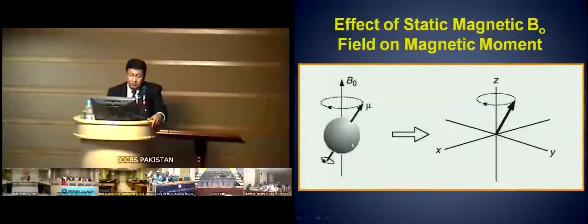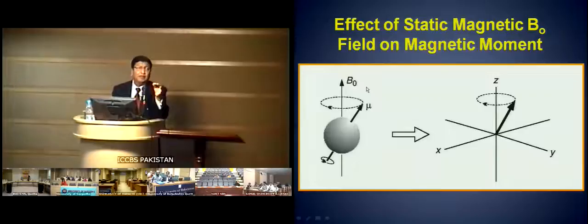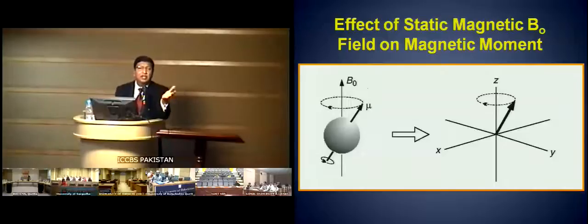So you see, this is your nucleus, because this is a nuclear motion, and it has its own axial spin, and under the influence of a magnetic field, never forget the magnetic field. The magnetic field is an ever-present criterion, because you cannot have an NMR signal without the presence of a magnetic field. So the applied magnetic field is an ever-present property.